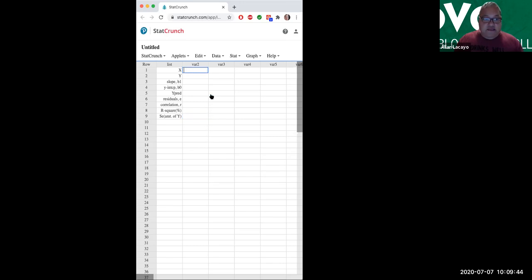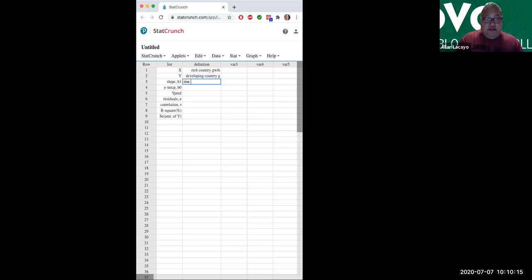So in this case, I'm going to make a column of definitions. X is going to be rich country growth. Y is developing country growth. The slope is going to be the ratio of developing to rich country growth.